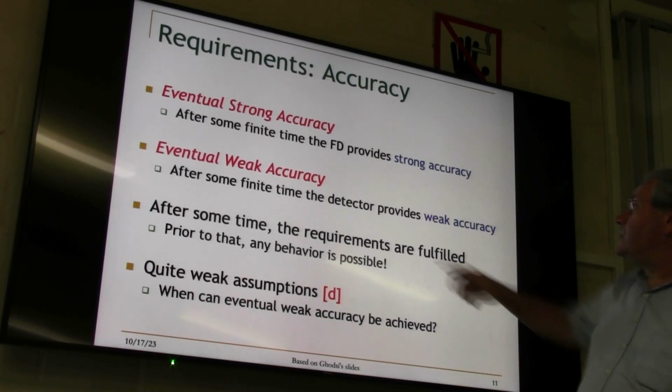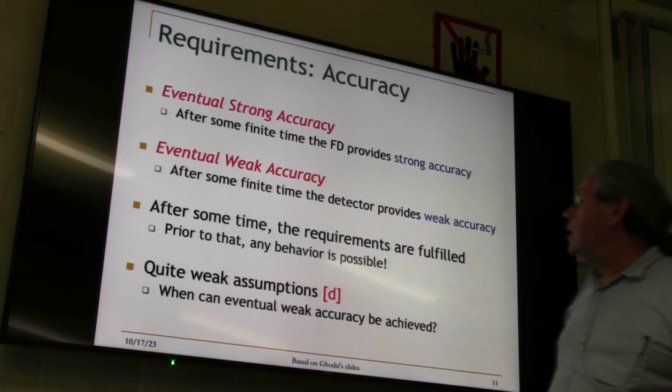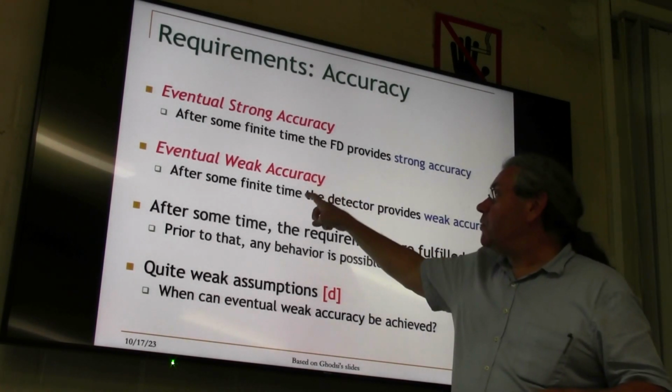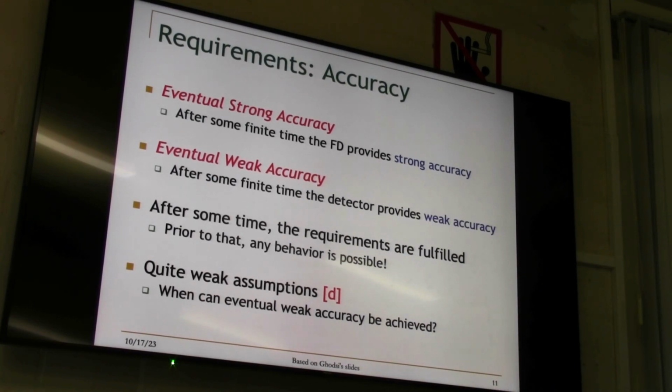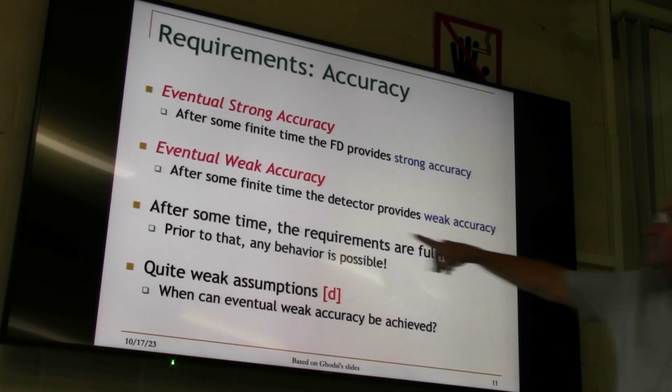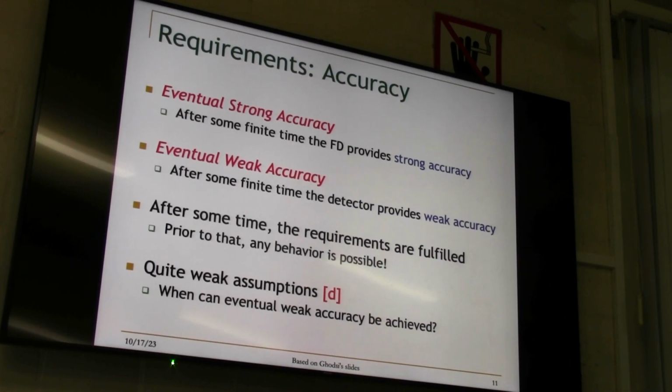And the same for eventual weak accuracy: I'm allowed to make mistakes, but eventually I won't make mistakes with respect to some of the nodes. So these assumptions are more for partially synchronous systems.